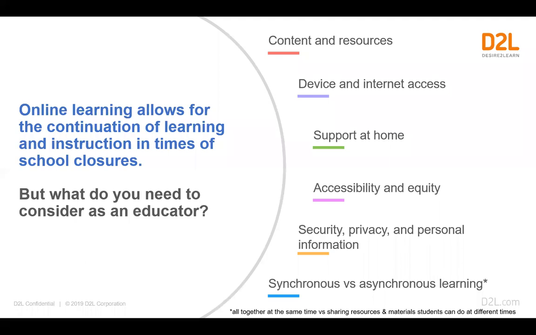Next is something I know is definitely top of mind for many folks, and that's devices and internet access. While I think we all agree that online learning can be valuable, we educators know that we need to consider some of our students who might not have internet and devices. And for those learners who might be using older devices or computers at home, we do want to make sure that we're not over focusing on apps that might rely on having new devices or new operating systems for those apps to work.